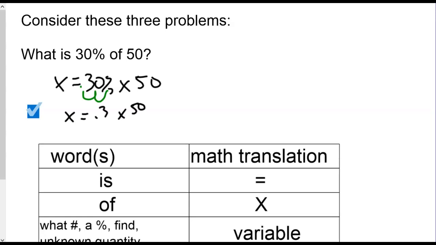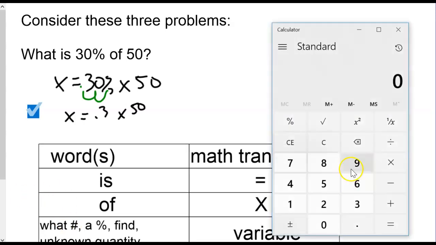And if I go ahead and get my handy dandy calculator and I figure this out, then I can say 0.3 times 50 equals 15. So x equals 15.